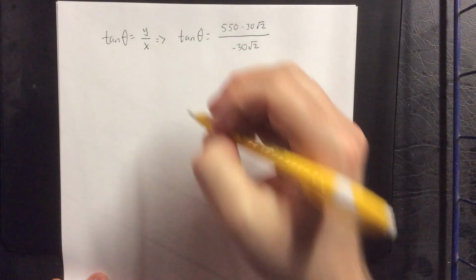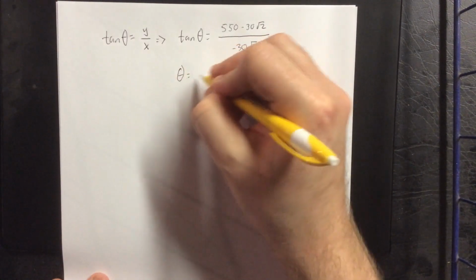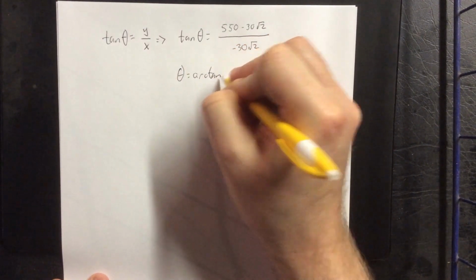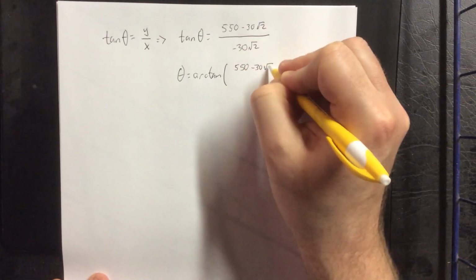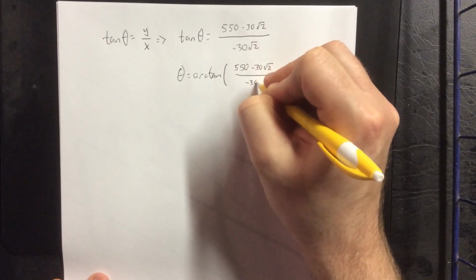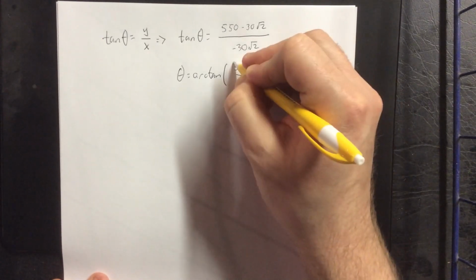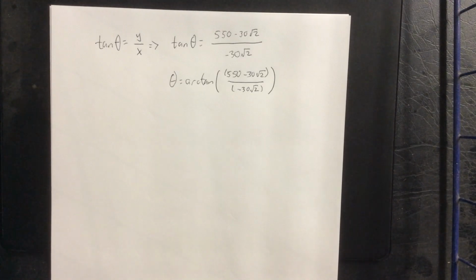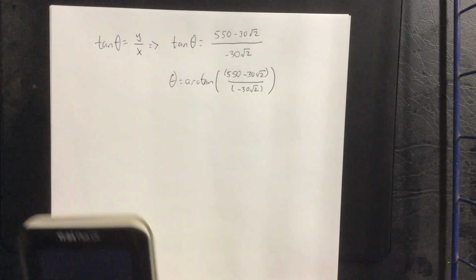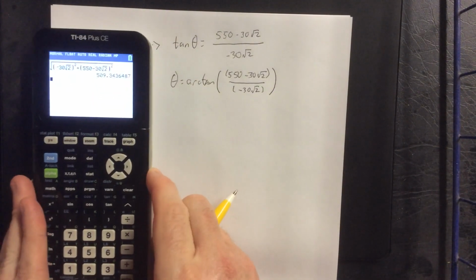If I apply an arctangent to this, I will get an answer for theta. And it's going to be wrong, and I'm going to explain why in just a moment. When plugging this into the calculator, please be sure that your entire numerator and entire denominator are both inside an additional set of parentheses. So overall there should be a total of 3 sets of parentheses.